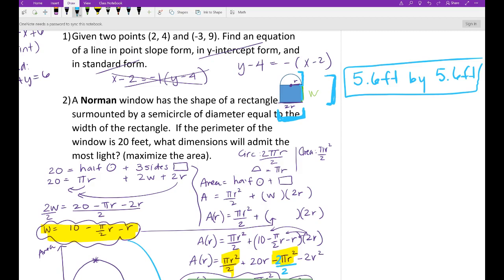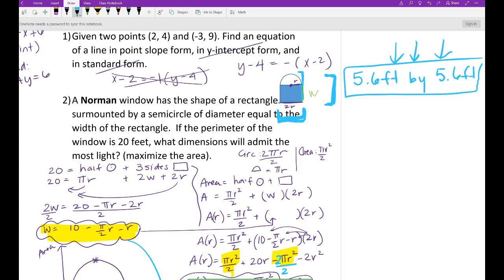That's why I'm saying I will accept the whole window, the height of the entire window and the base of the entire window. So this answer right here, class, is the whole window. Or I will accept the R and the W if you have it correctly labeled. Okay. Any questions or comments on this?